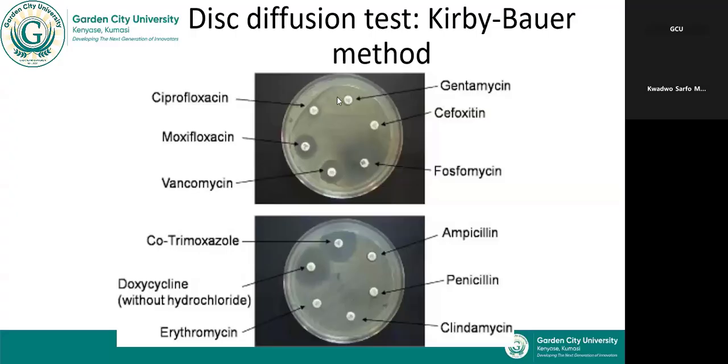And for gentamicin, you see there is growth around the disc. So if you measure this diameter, you may get about 7 or 6 millimeters. Usually when you have growth around the disc, the disc diameter is 6 millimeters, so you may record 6 or 7. But this one, you are seeing a large clear zone for fosfomycin.